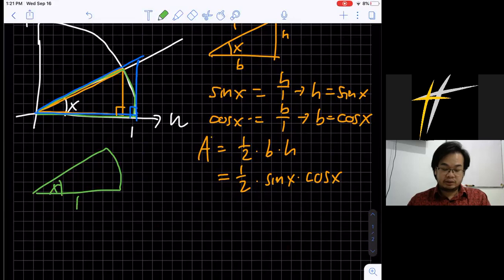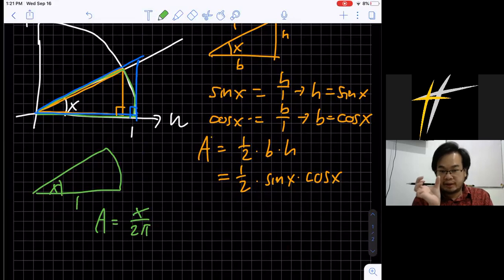Then actually this is a part of a circle, right? So basically the area is equal to x over 2 pi, because the measurement of a full circle is 2 pi, right?